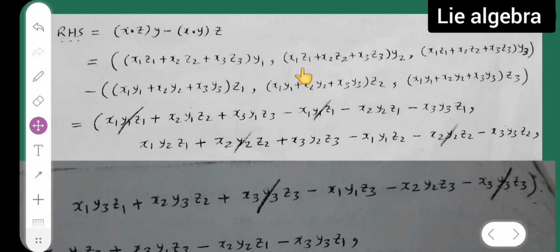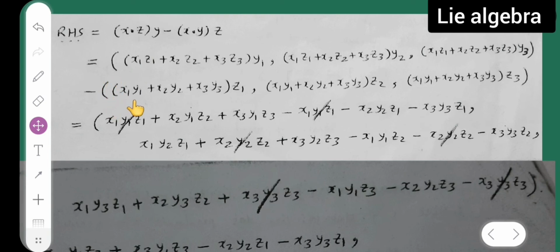Then (x1 z1 + x2 z2 + x3 z3) y2, comma, and then (x1 z1 + x2 z2 + x3 z3), outside the bracket you put y3 and close the bracket, then minus, this minus you have to put, then put again the bracket.